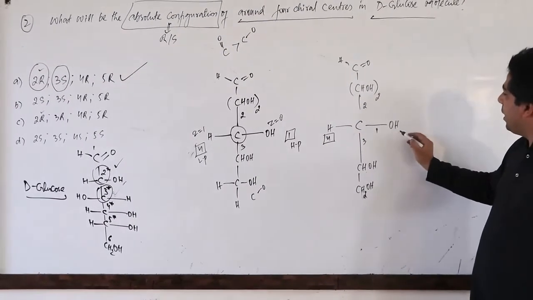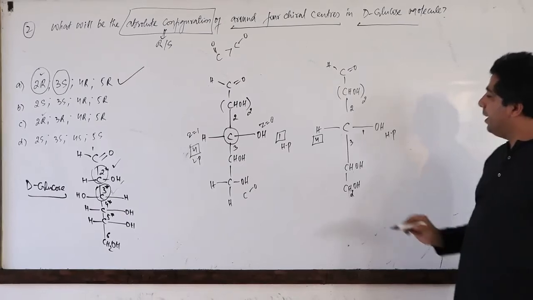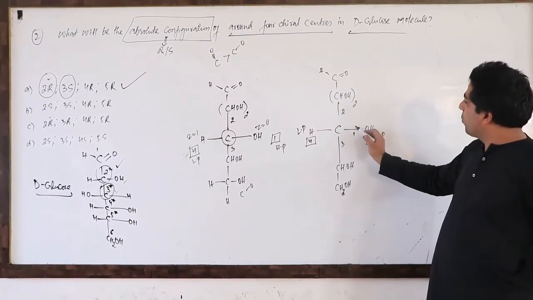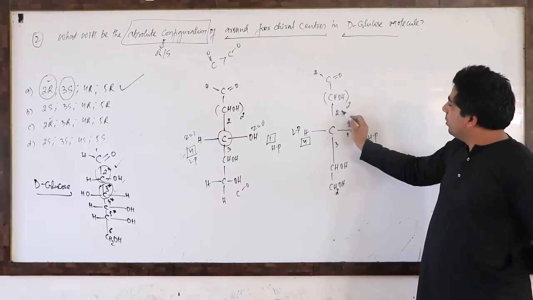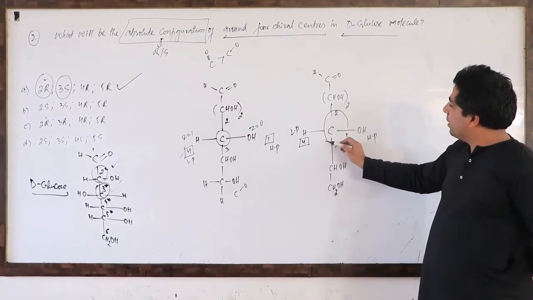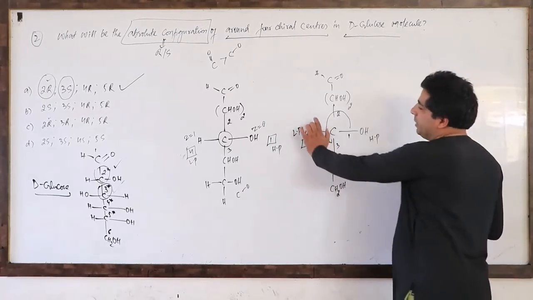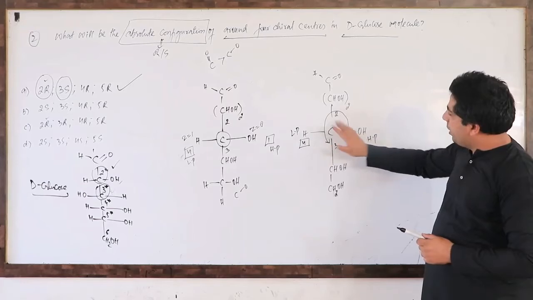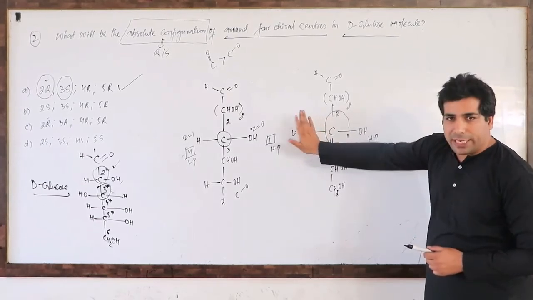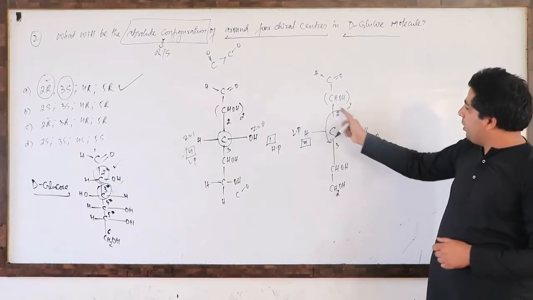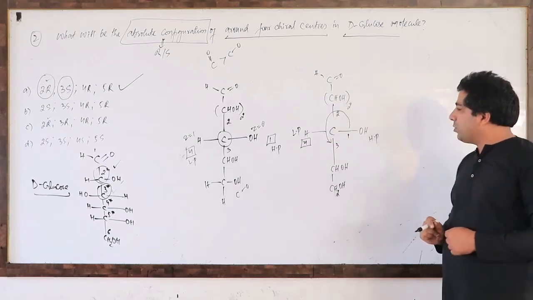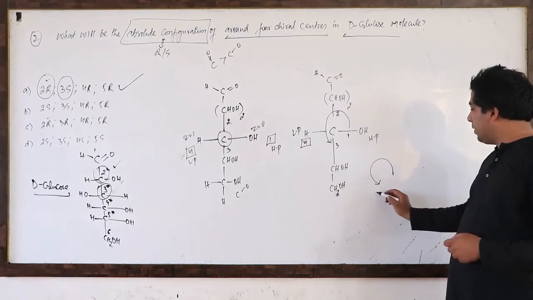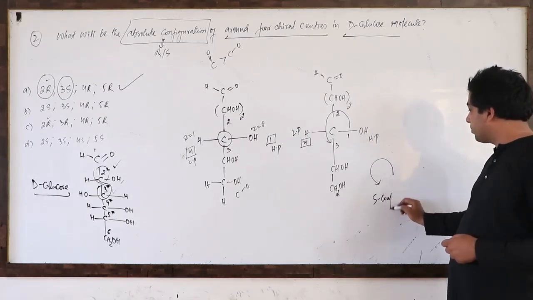This is our highest priority, correct? And this is our lowest priority, correct? So we have to move from 1 to 3. So 1, 2, 3 we are moving like this. Think that this does not exist. So you are moving from 1, 2 to 3. You think that the 4th is not there. Understand like this. So 1 to 3, when you are moving, is actually anti-clockwise. Anti-clockwise basically means S configuration.